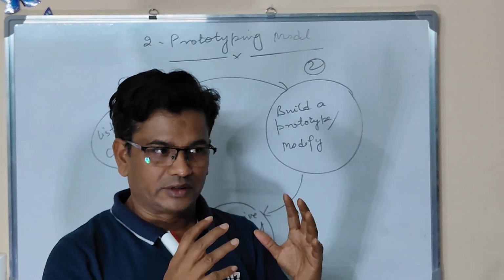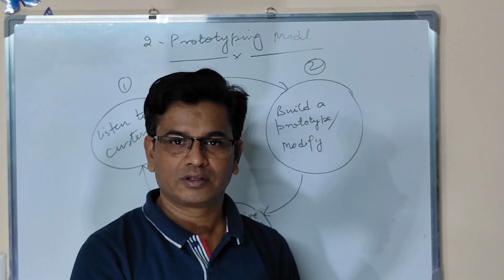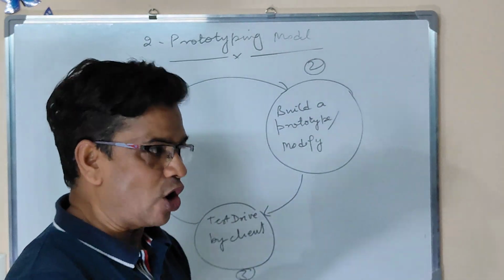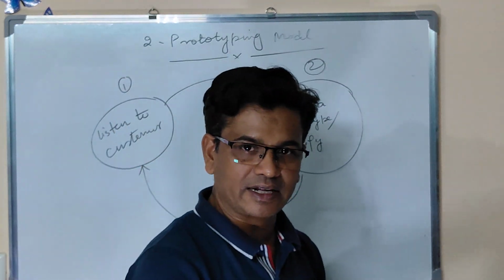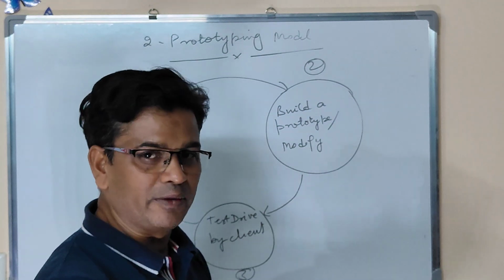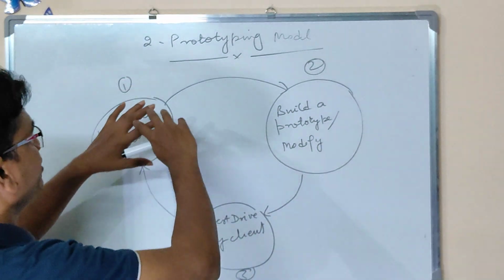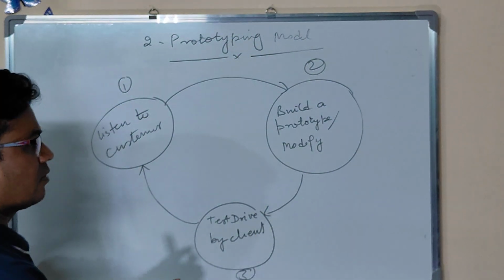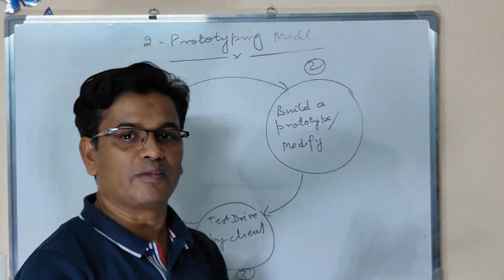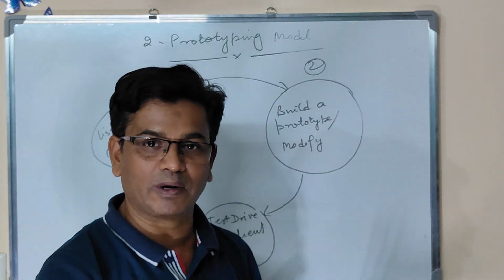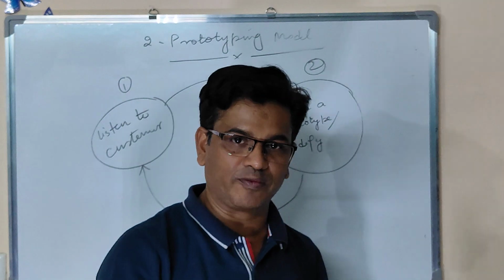That final set of requirements can be documented in the form of an SRS document, and it may be that after this model, the development company can use some other model to actually develop the software. That can be the waterfall model.